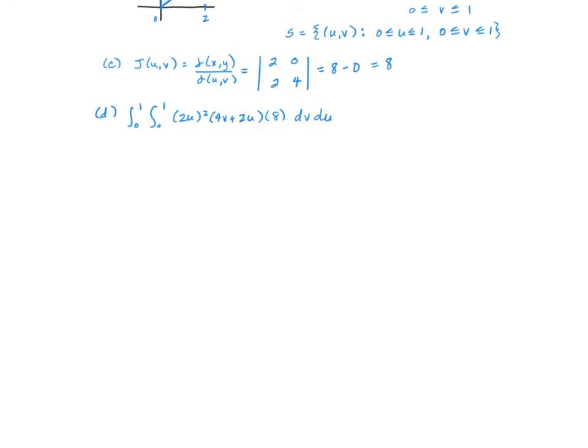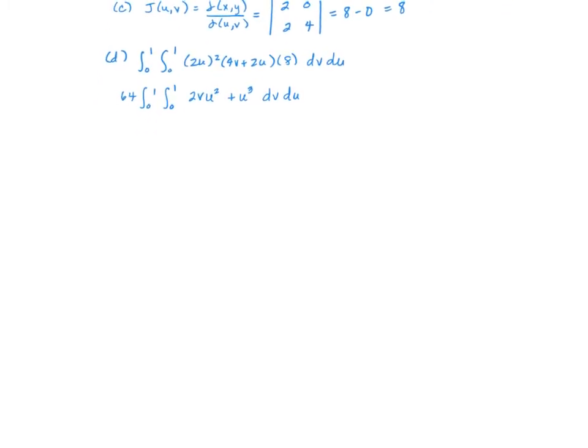If I get rid of the parentheses, I can factor out 4 times 8, and factor out a 2, so that would be a 64. I'm going to bring out 64. This is going to be u squared times, in parentheses, 2v plus u, which would give me 2vu squared plus u to the third, dv du.